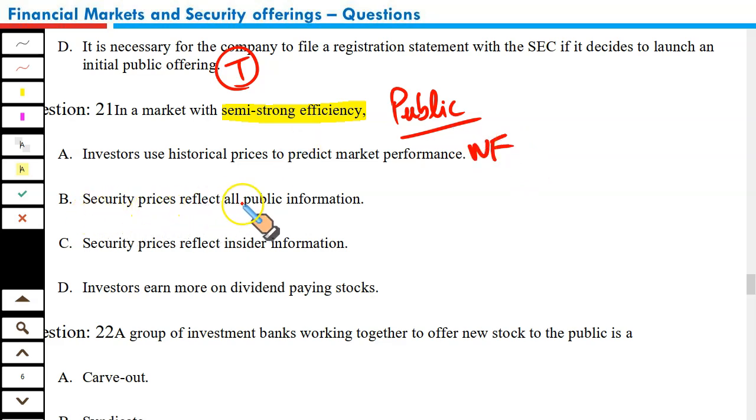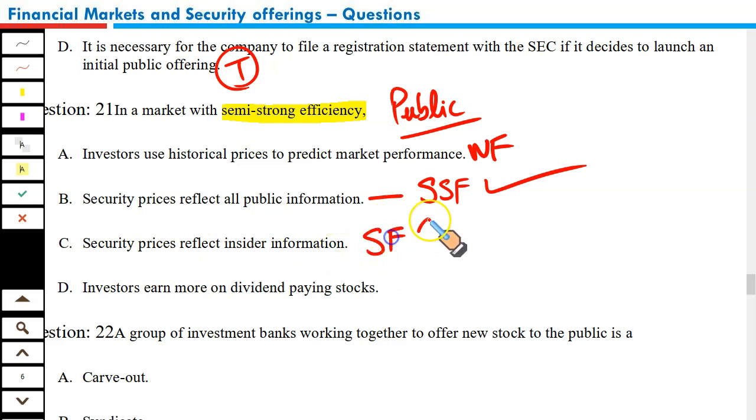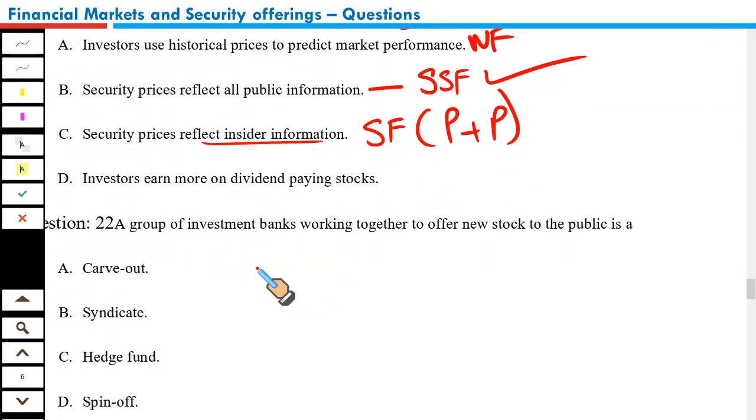Security prices reflect all public information. That's perfect. That's what you call the semi-strong form. That's the correct statement. Security prices reflect insider information. That would be the strong form, because in strong form, public as well as private information is reflected in the stock price. Insider information is also included, so this is strong form. So clearly that gives you B as the correct option.